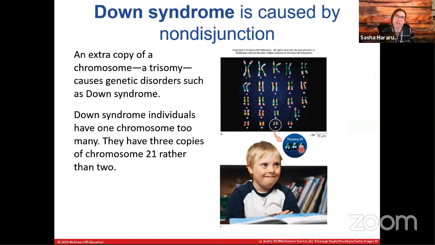For instance, it's a much higher probability that a woman after 40 will have a child with Down syndrome compared to a young woman. It's not particularly clear to me why, but maybe it's because the processes in our body do not happen as efficiently as we age.